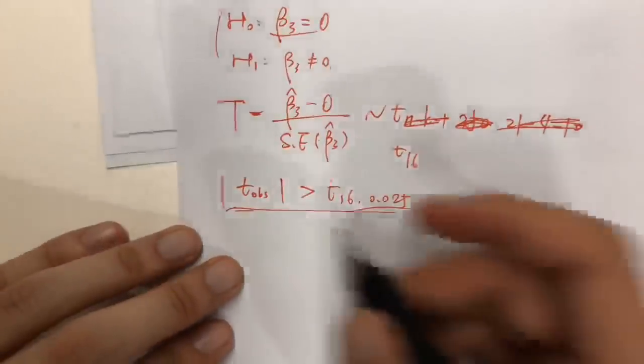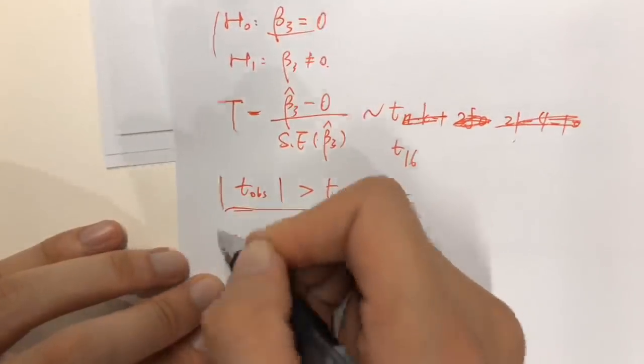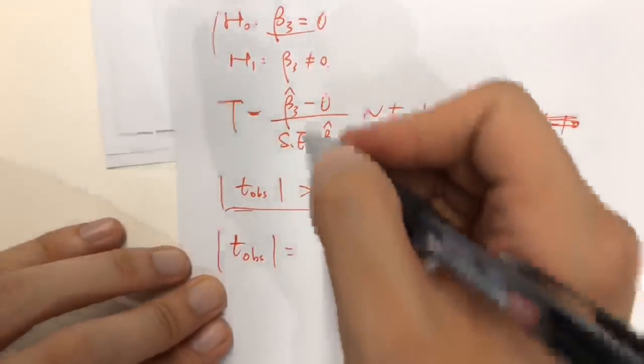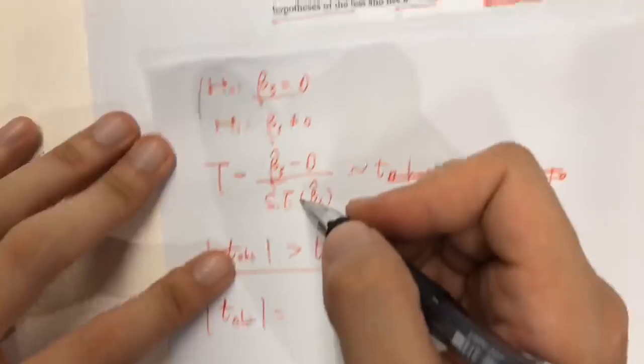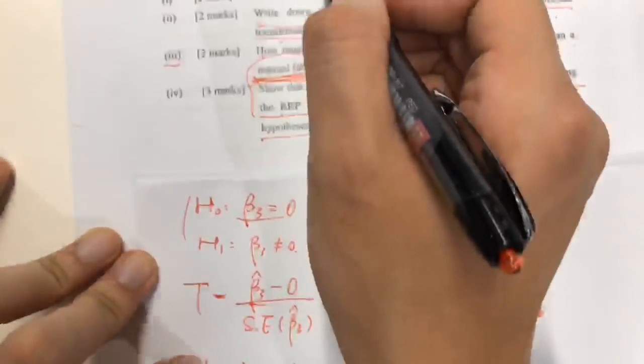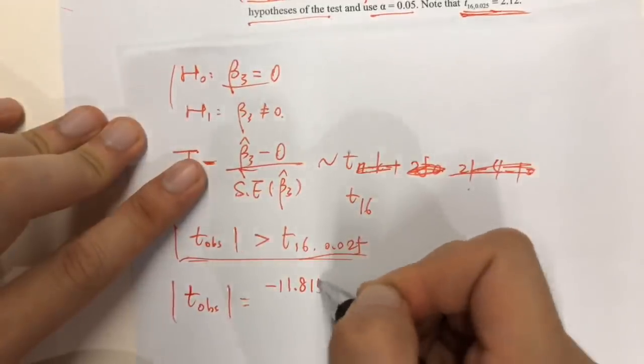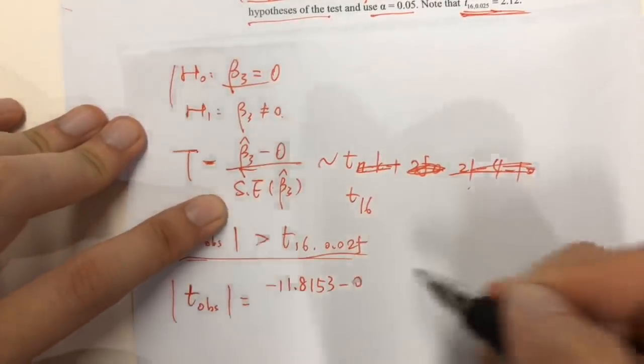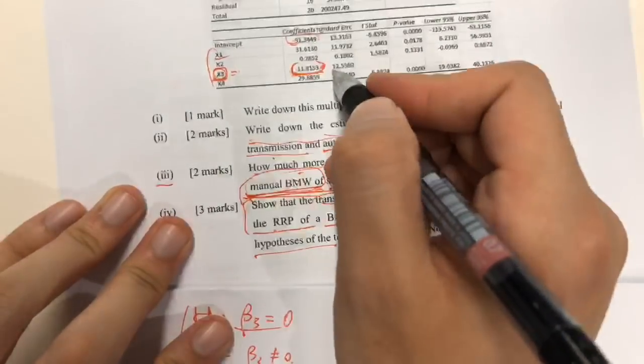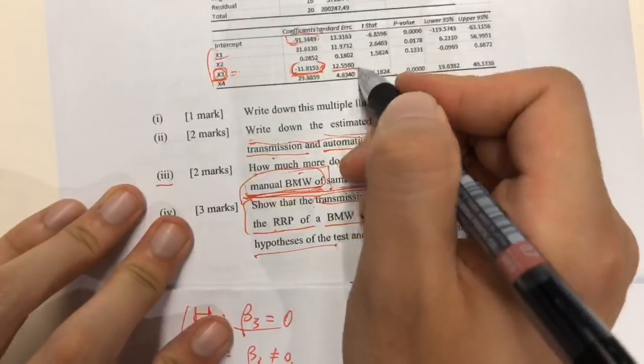So finally, let's calculate the observed value. So the observed value is beta 3 hat. So what is beta 3 hat? Minus 11.8153. So minus 11.8153 minus 0 divided by the standard error. So what is the standard error? It's 12.5560.